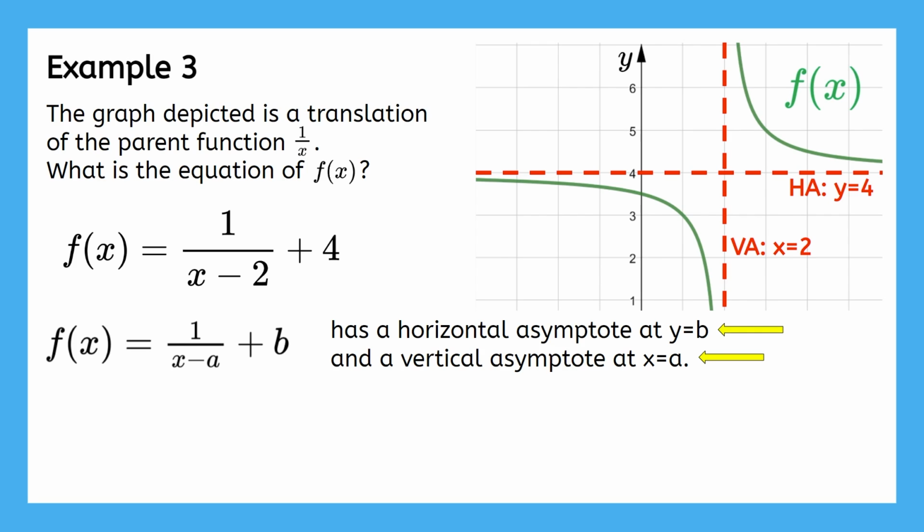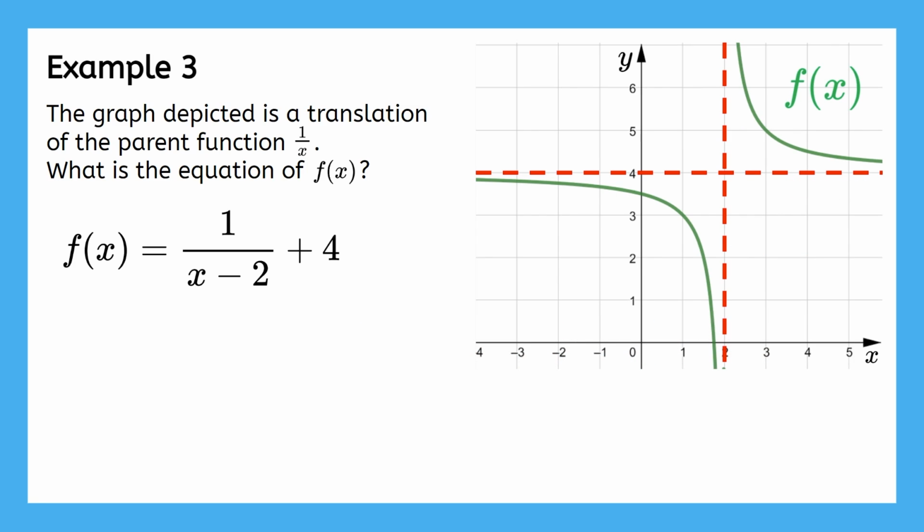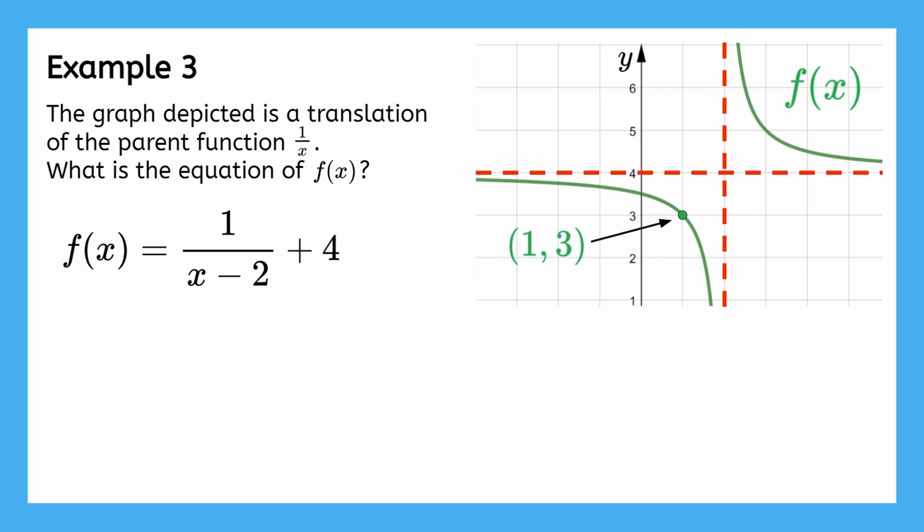We can verify our answer by plugging a point from the graph into our equation. What point would you choose from this graph? Try to get a point with whole number coordinates so it's easy to plug in and calculate. Let's use the point (1, 3). The point (3, 5) would also be good if you found that one.